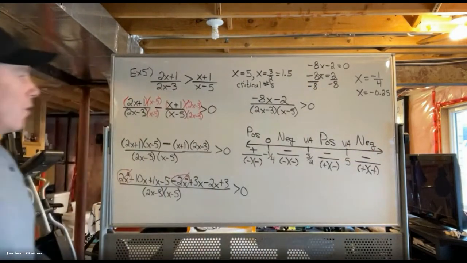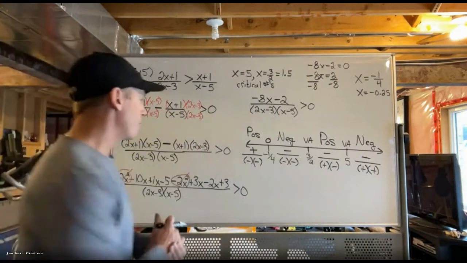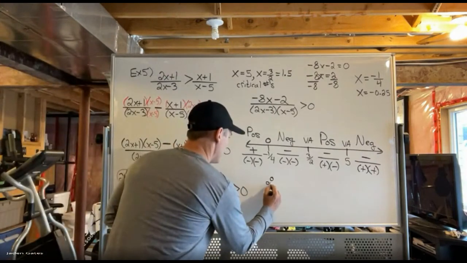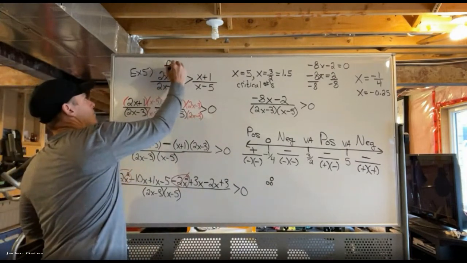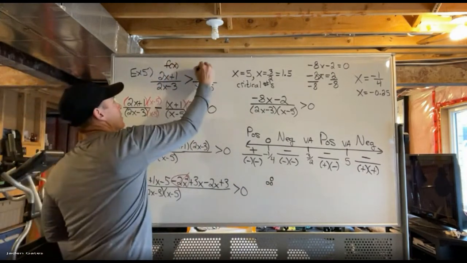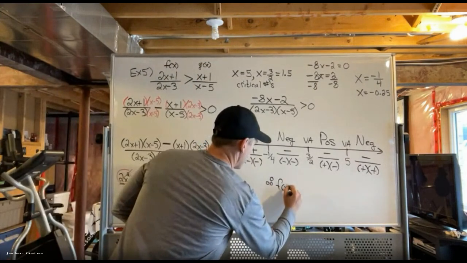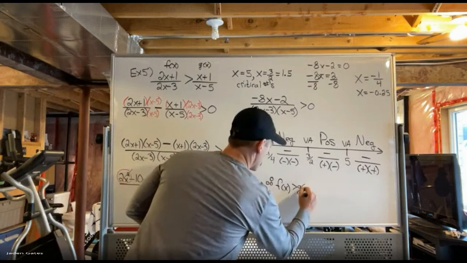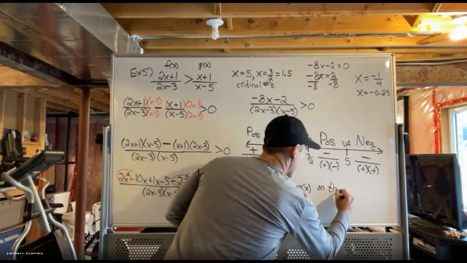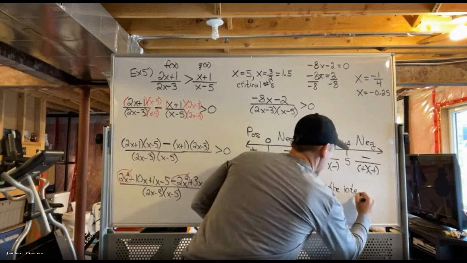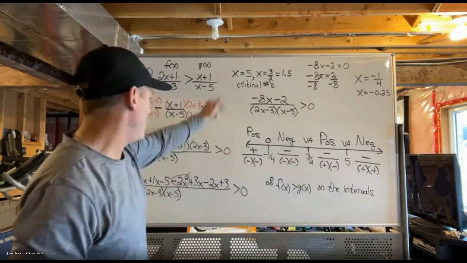All right, so in this case, we've got our number line down. So therefore, we got 2 functions here. I'll call one f of x and one g of x. And so therefore, f of x is greater than g of x on the intervals, all right, so when is this greater than 0?